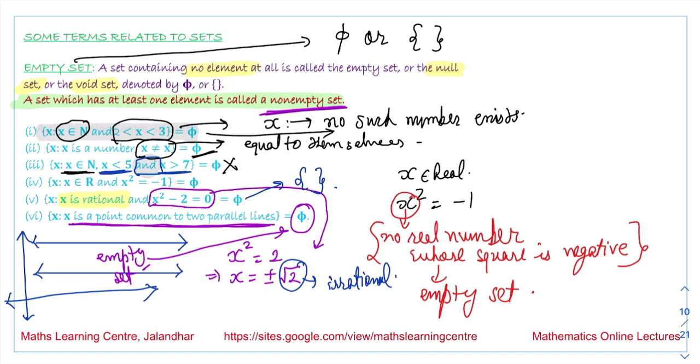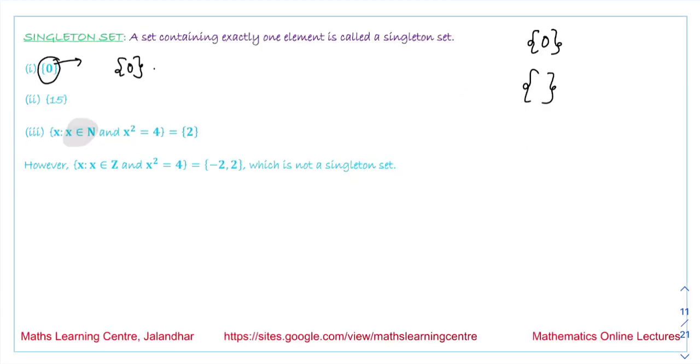So suppose I am talking about this 0 over here. So we are saying this set contains an element 0. It is important to note over here that this set when we are writing 0 and this set when we are writing it is the empty set, these are two different things. Empty set means that it contains no element, but this set contains an element that is 0.